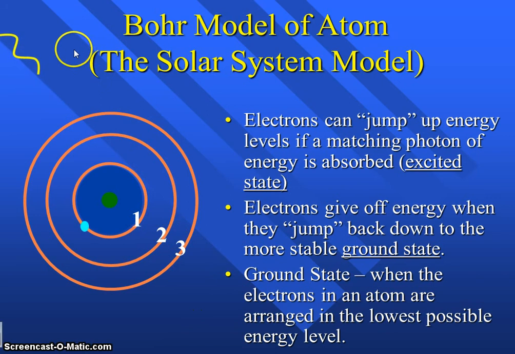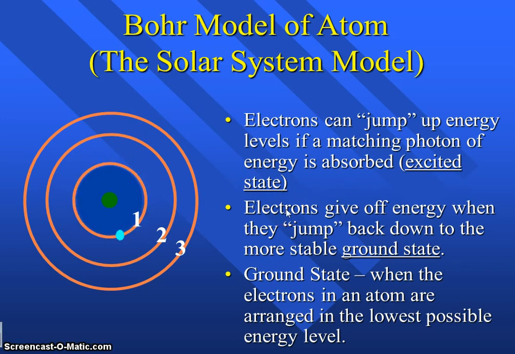Well, notice it gave off energy in this case. So if it absorbs the energy, it'll get kicked up to a higher level. Maybe it absorbed, let's just say, 10 joules of energy that kicked it up to the higher level. Well, when it jumps back down, it's going to give off the 10 joules of energy. So it's the same amount of energy, it's just given off as opposed to absorbed.